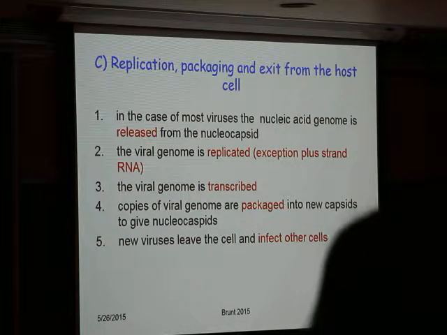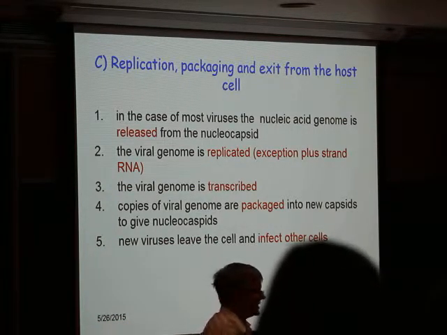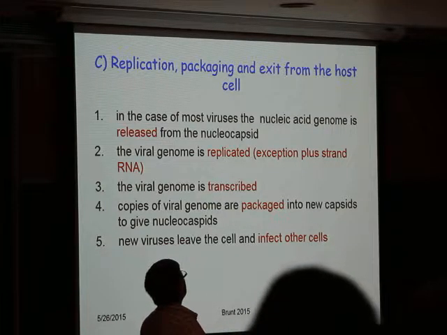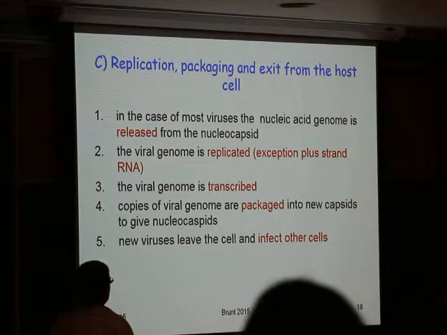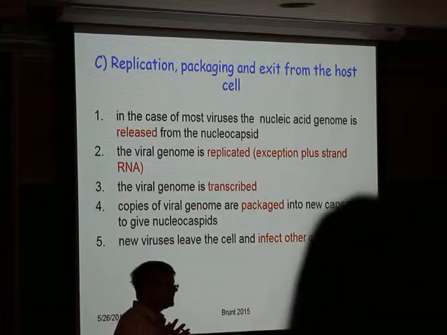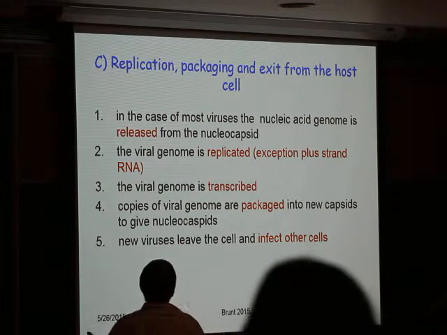Okay, so once we've attached and found a way to get the genetic material in, then the virus has to be replicated, packaged, and it has to exit. In the case of most viruses, the nucleic acid genome is first released from the nucleocapsid. So we have to get the capsid out of the way, then the genome is released.